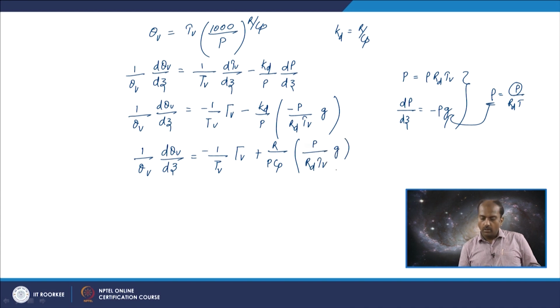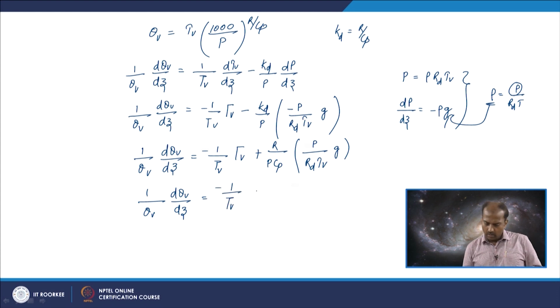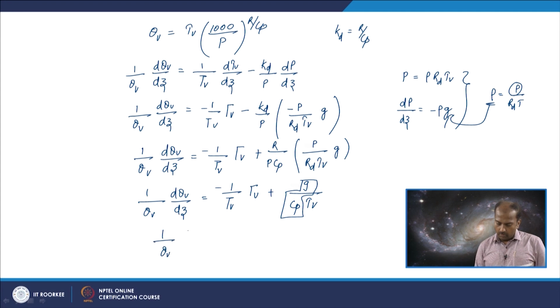Simple algebra, just rearranging the terms: minus 1 by Tv gamma v plus g by Cp Tv. So, g by Cp is the dry adiabatic lapse rate, and 1 by theta v d theta v by dz is 1 by Tv times gamma d minus gamma v.